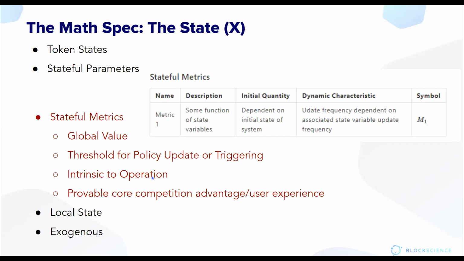And as far as I know, if you go to Uniswap, you see what the slippage is, but they don't have that built in. That's not necessarily stateful, right?